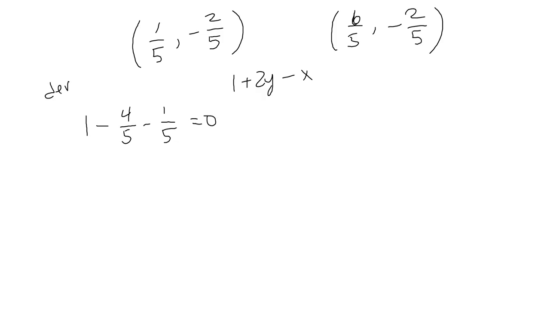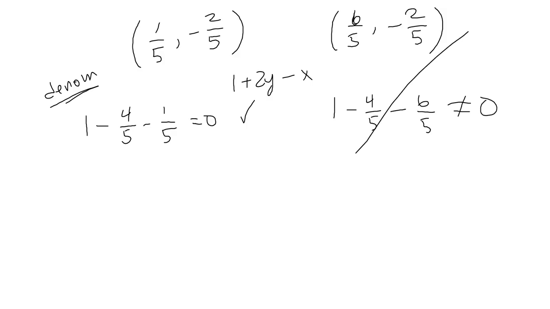Right? This is the denominator of my derivative. So that's good. And if I check this one, I get 1 minus 4/5 minus 6/5. Well, that does not equal 0. So this one, I'm done with. I don't have to worry about this one anymore. It doesn't actually give me a vertical tangent line because it doesn't actually make the denominator 0.